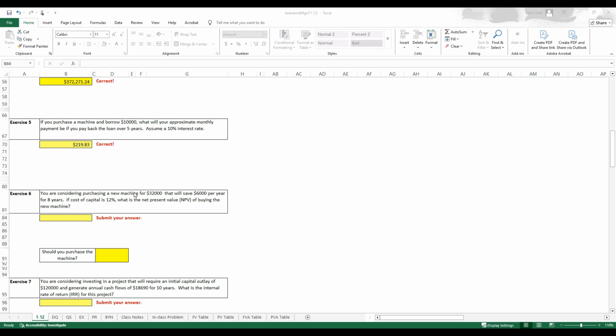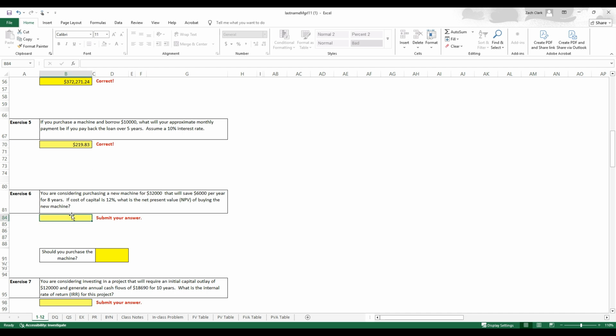It would be worth less than that because of the time value of money, and discounting that back would reduce that amount essentially. And so that's basically what we're doing, is just analyzing to see whether the discounted amount, the present value of these discounted payments in the future, $6,000 for 8 years, how does that compare to the actual purchase that we'd make? And is it bigger or smaller, etc.